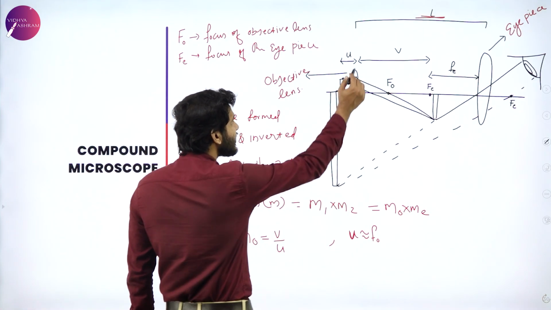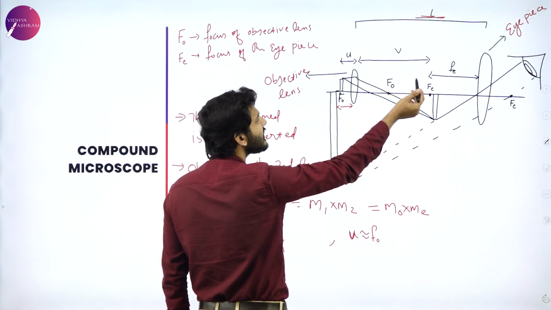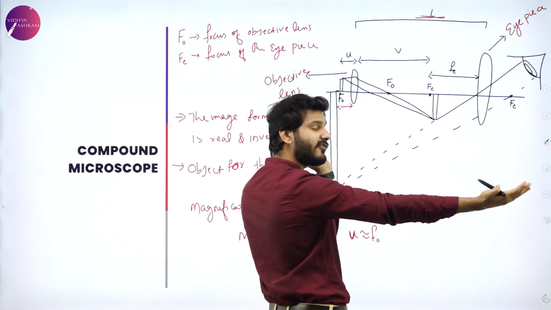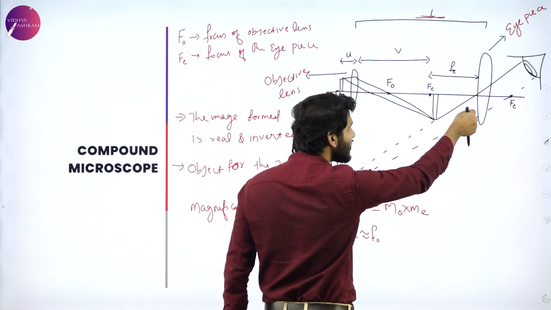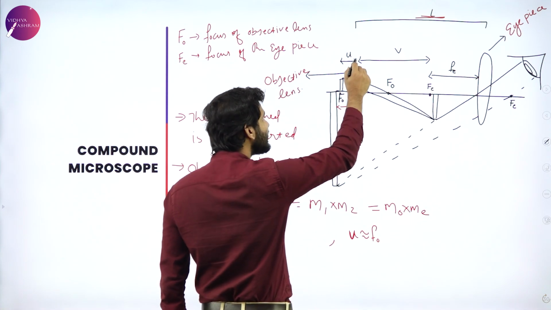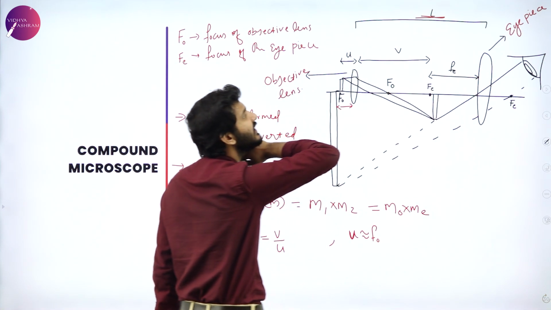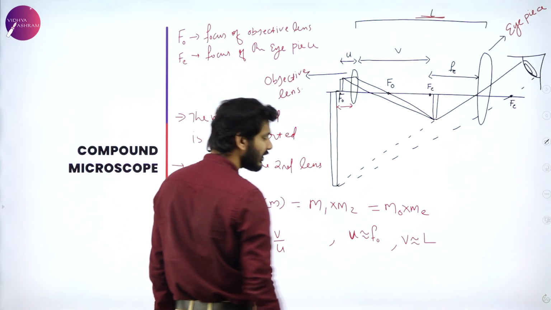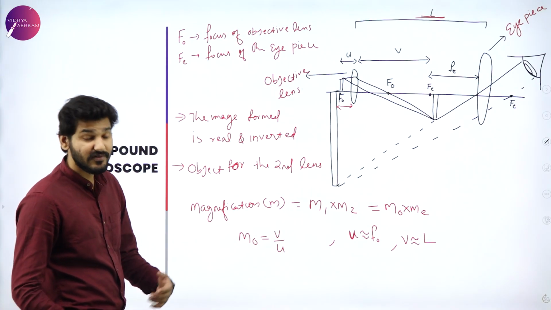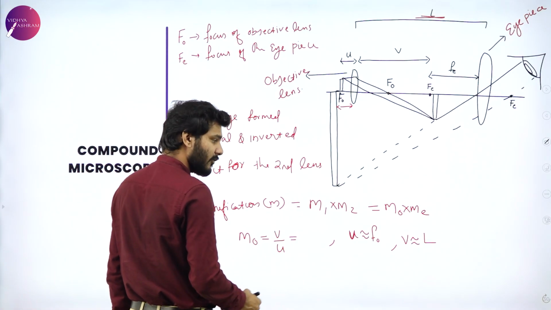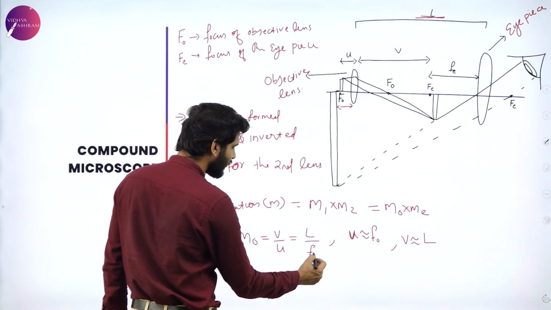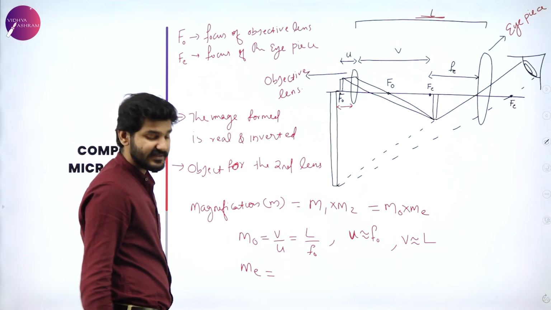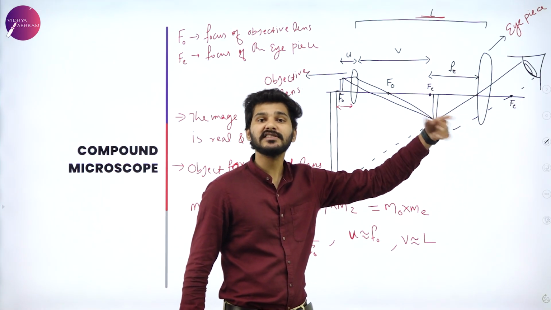And this V, again just for demonstrative purposes, since these lenses are not that far apart and the image formed will be much closer, is almost approximately equal to L. So we can take V approximately equal to L and substitute in the results, which means that MO will become L by FO.